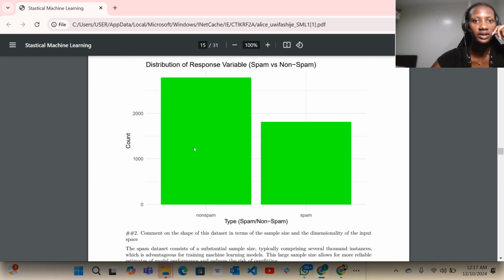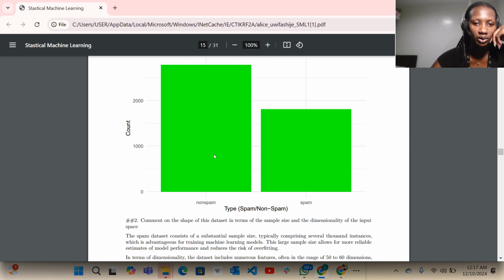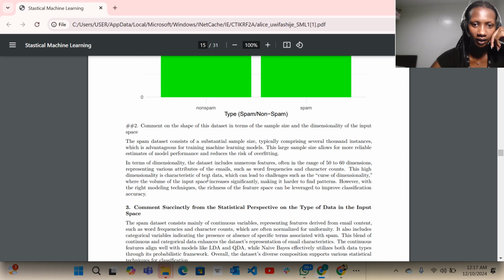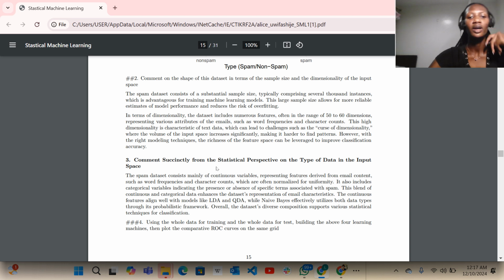The distribution of spam and non-spam is represented by box plots, with more comments added in this file. And in this question we deal with 4 machines: LDA, QDA, naive Bayes, and FLDA.